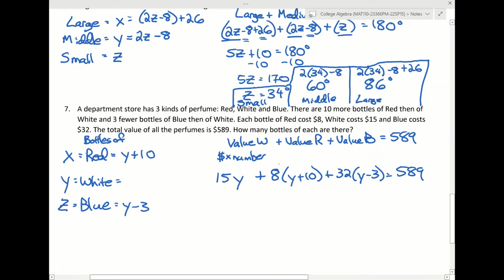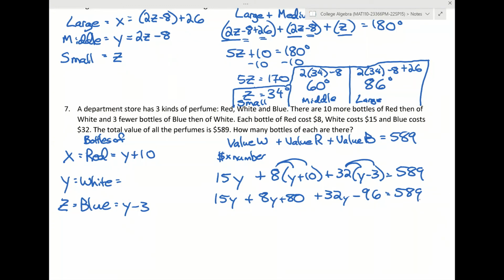At this point, we can multiply everything out. We get 15Y plus 8Y plus 80 plus 32Y minus 96 is equal to 589. And we're off to the races with just simplifying here.